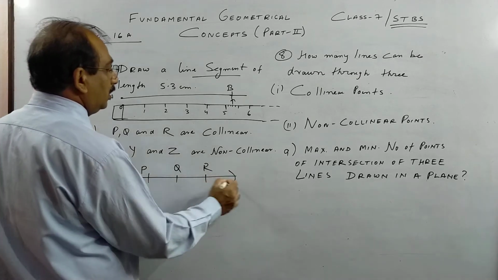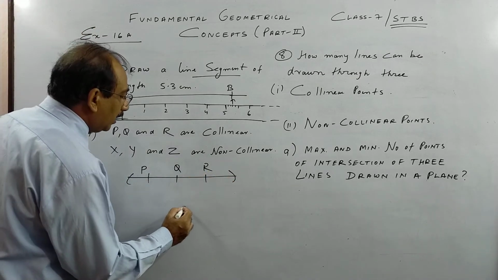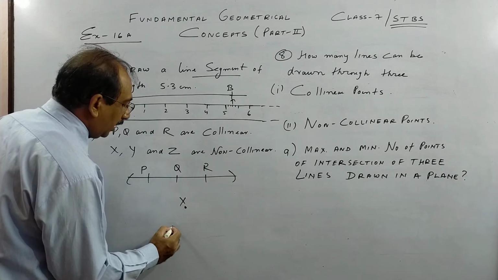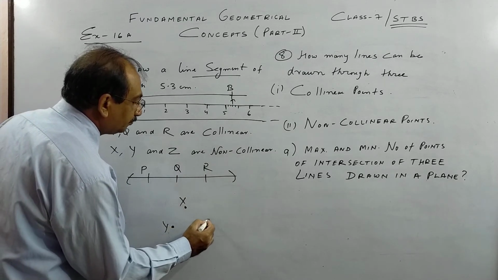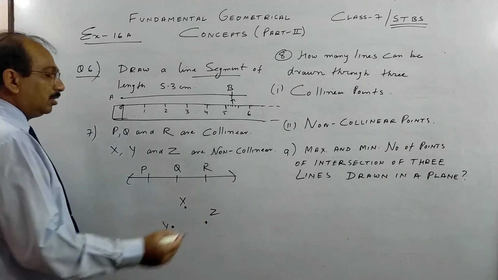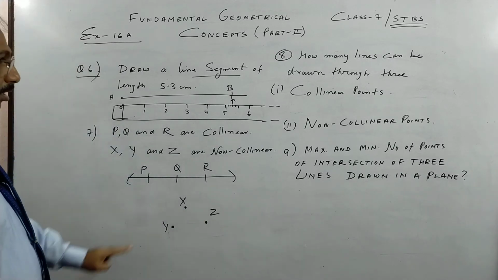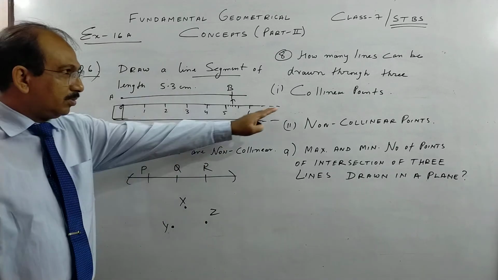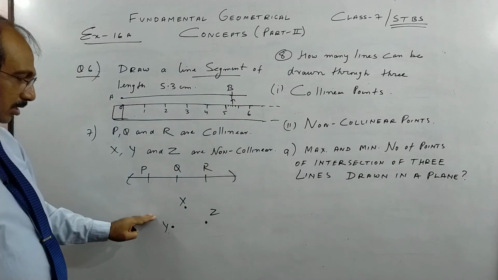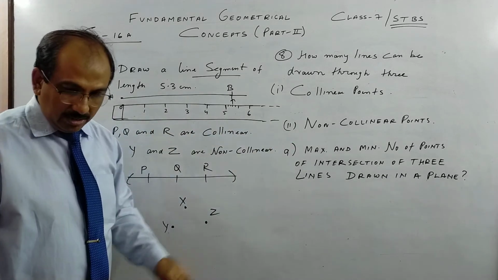So these are collinear, means all the points in one line, and X, Y, Z are non-collinear, they are not in one line. And related to that, this question I'll tell you.